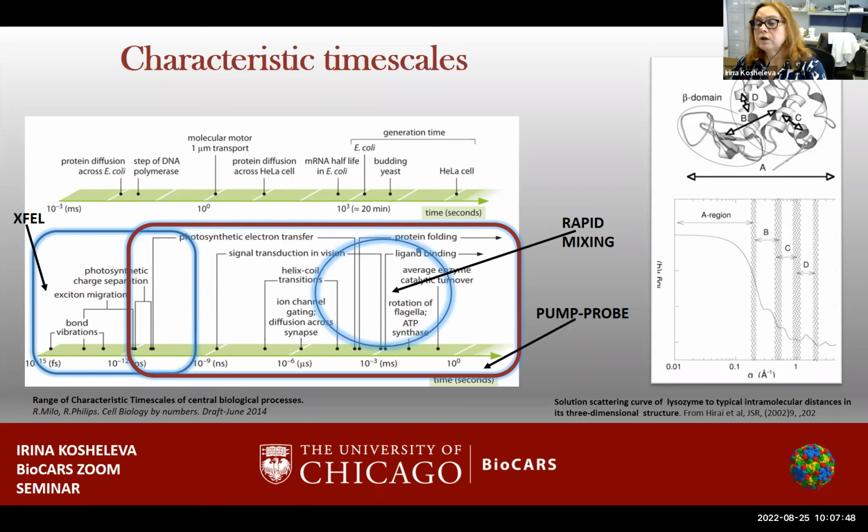So rapidly pressure can change, temperature can change, pH can change, and so on. At BioCARS, we normally use a laser to initiate all those temperature jumps or pH jumps, or just changes in chromophore, which then propagates through the molecule, and then we look at the molecule.